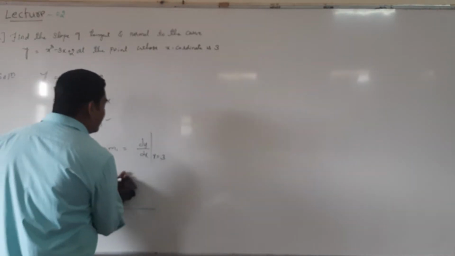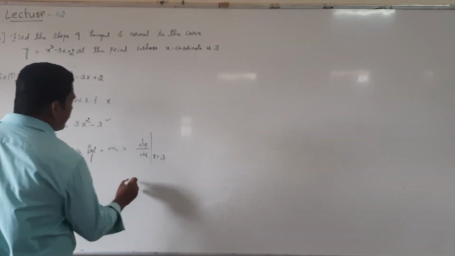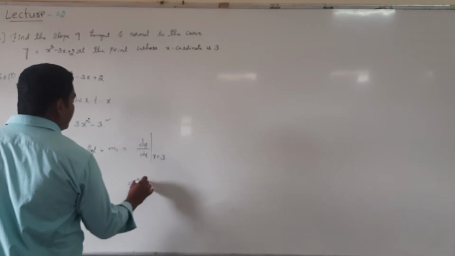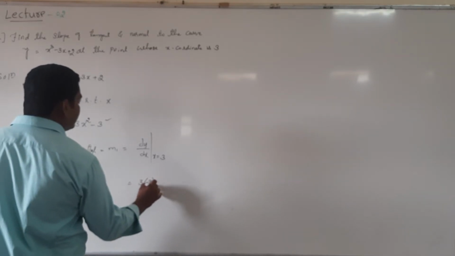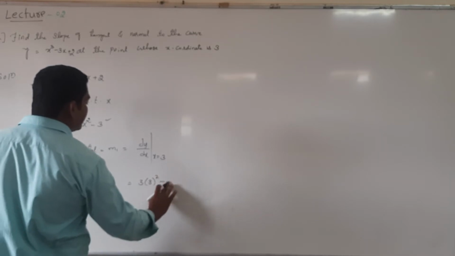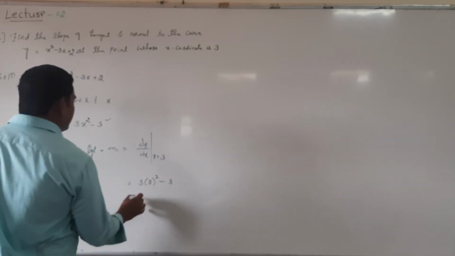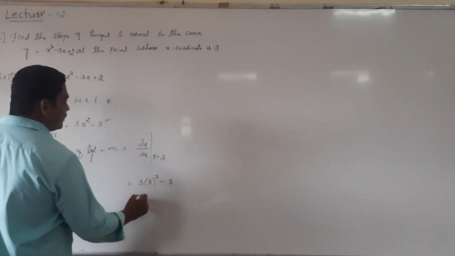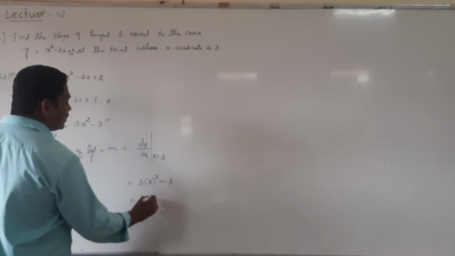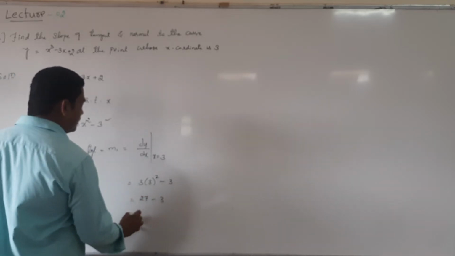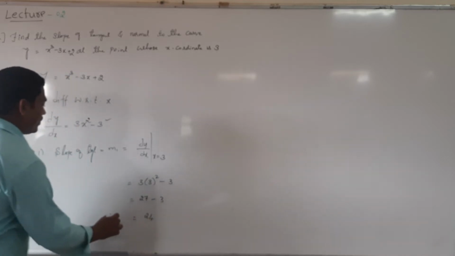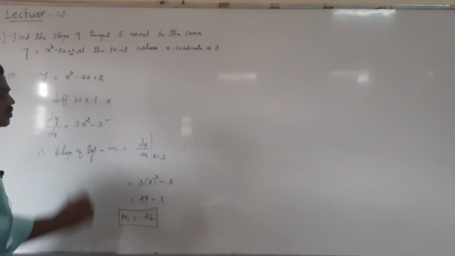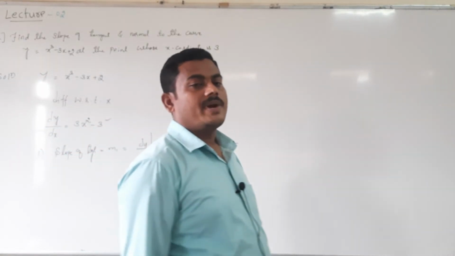After differentiating, put x value 3 here. dy by dx at the given point means 3 into x square minus 3, that is 3 into 3 square minus 3, which is 3 into 9, 27, minus 3, that's equal to 24. This is the slope of the tangent line. Slope of tangent line is equal to 24.